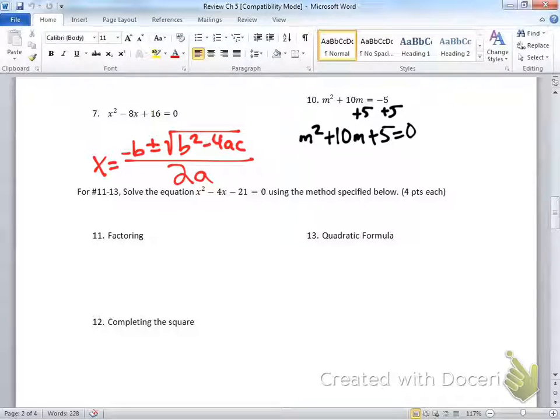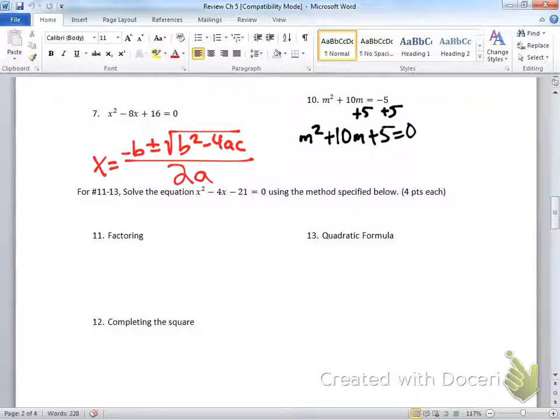This is the when-all-else-fails method, but it's similar to the idea of factoring. You have to be in a certain form to do this. You can't pick out a, b, and c until you're in standard form equal to 0.